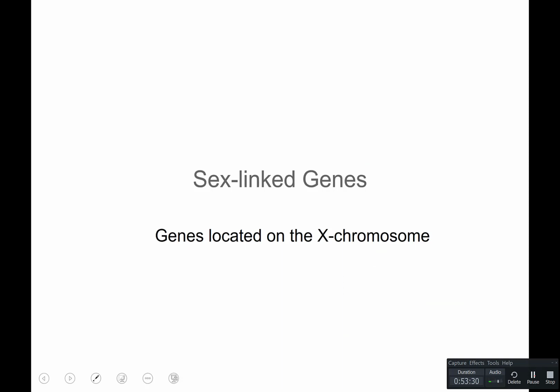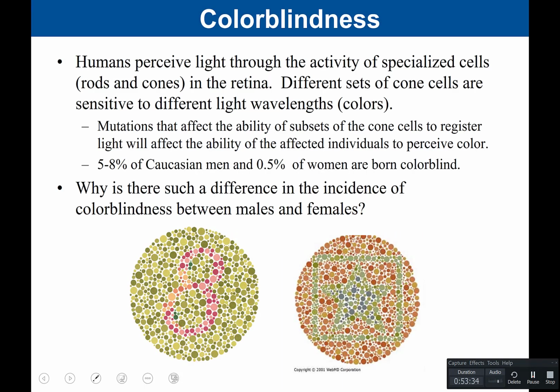So now we're going to look at sex-linked genes, genes that are located on the X chromosome. Humans perceive light through the activity of specialized cells, rods and cones in the retina. Different sets of cone cells are sensitive to different light wavelengths, so different colors.